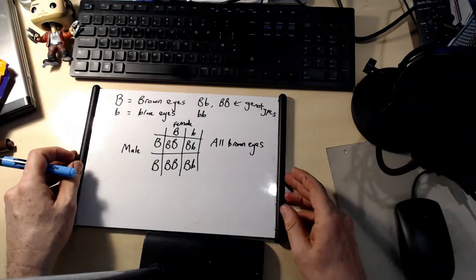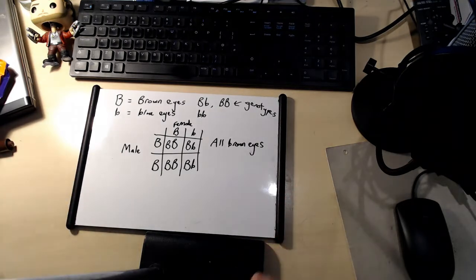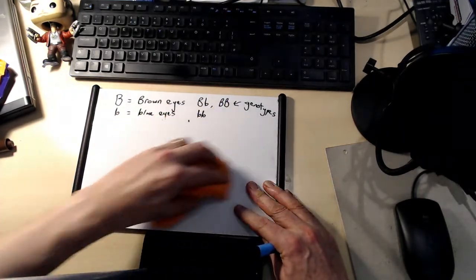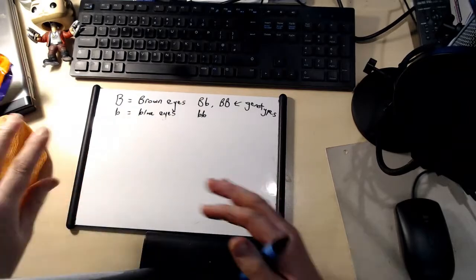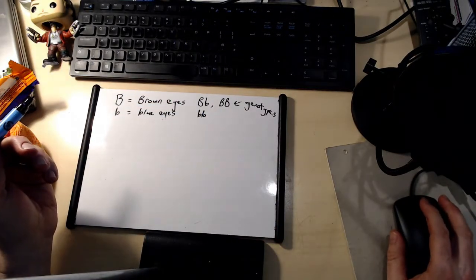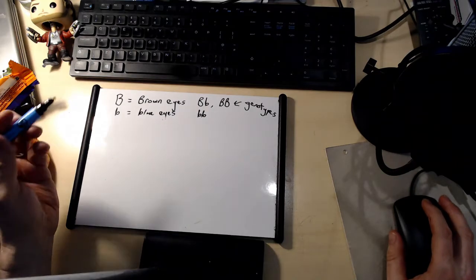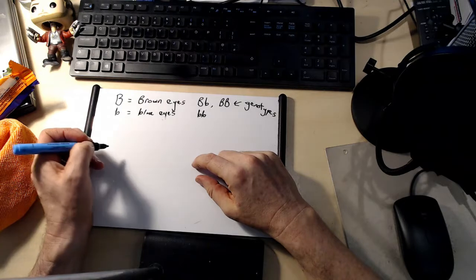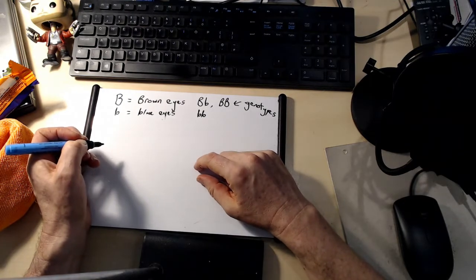Okay, so let's go on to another example. So I'll just wipe that out. So let's imagine we have a different set of parents. Okay, so in this case, actually the father has blue eyes and the mother has brown eyes.